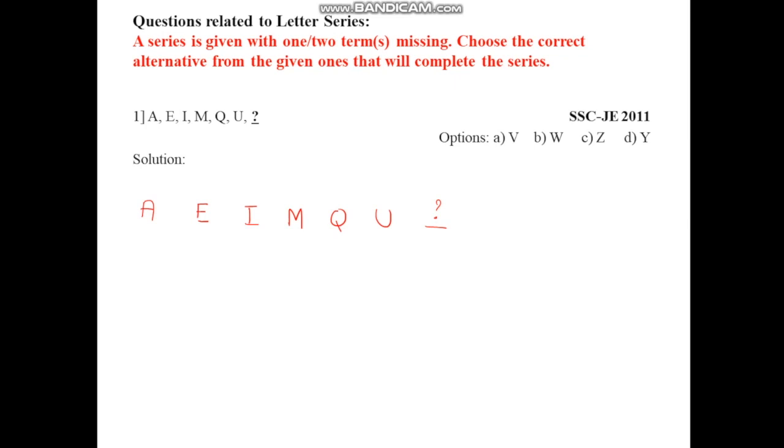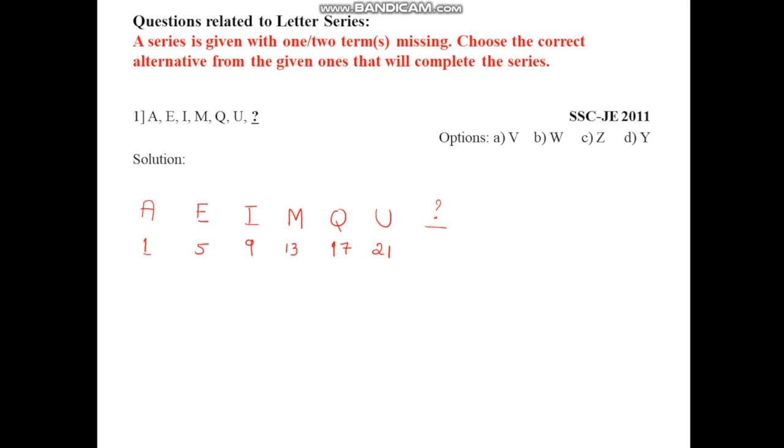The first step is to write down the positions of the letters. A is 1, E is 5, I is 9, M is 13, Q is 17, and U is 21. When you write the positions of the alphabets, it gives a hint about the logic behind this.